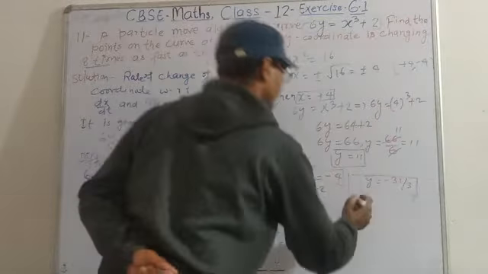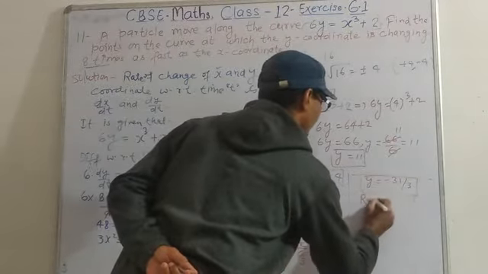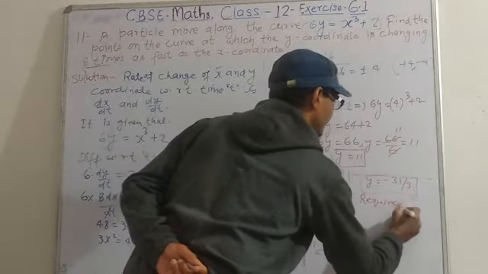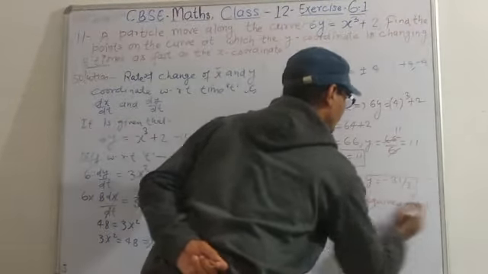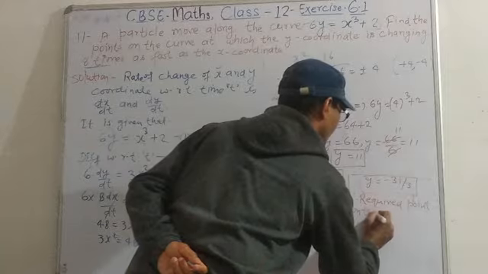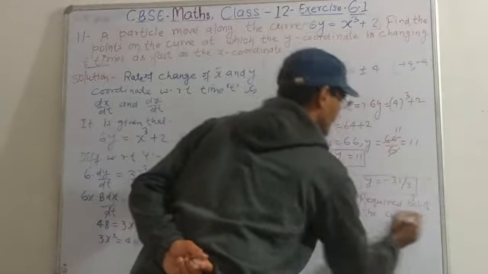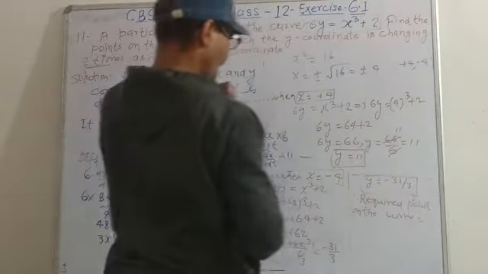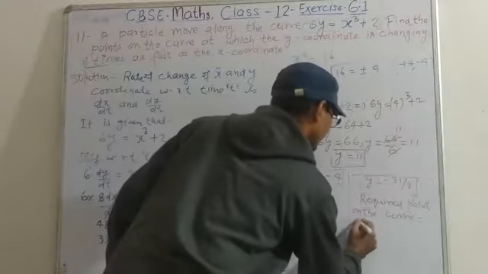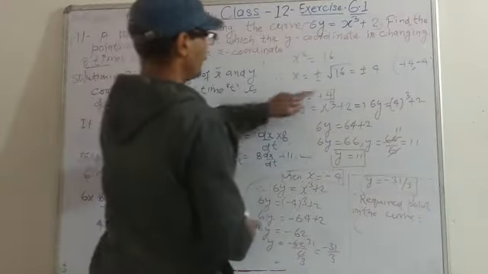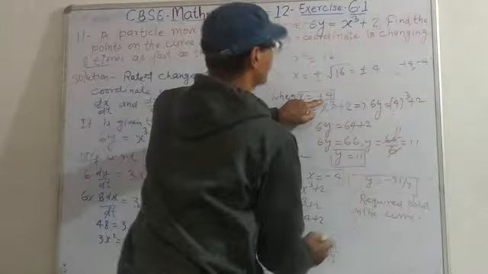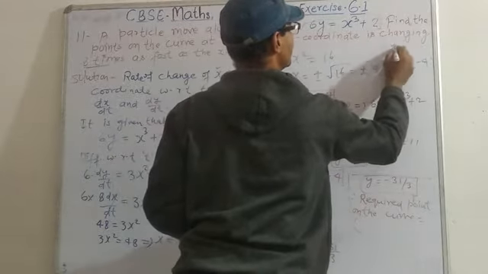Therefore the required points on the curve are: in the first case, (4, 11). We write x coordinate first, then y.